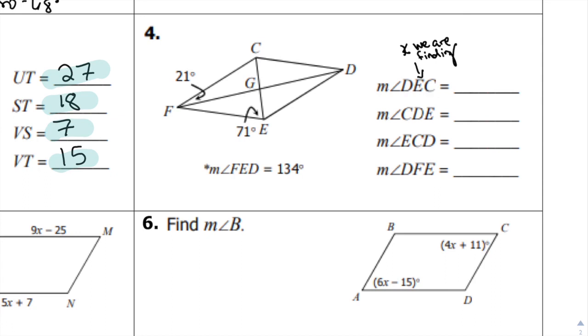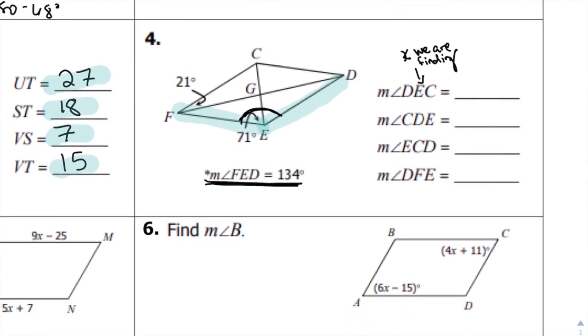So we're going to outline the angle, and that's going to help you. We are given another piece of information. I'll outline that for you, and then I'll have to erase it. So F, E, D. Do you see how I outlined the angle? This whole angle right here is 134 degrees.